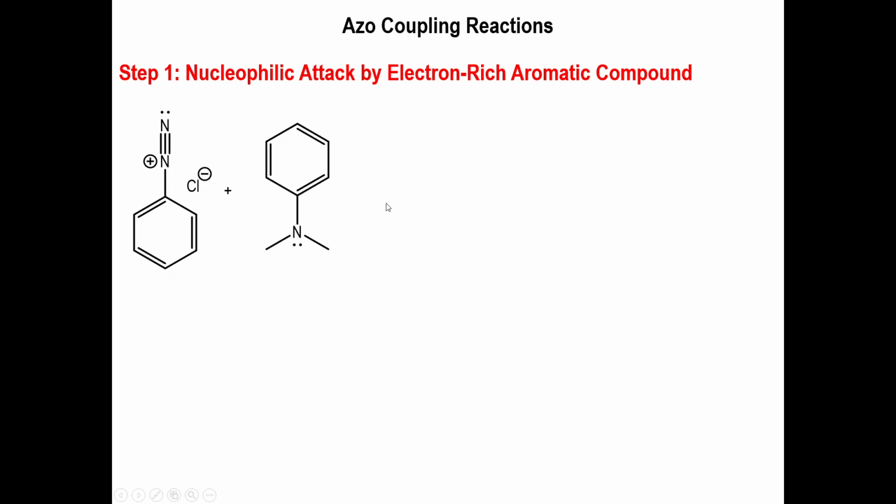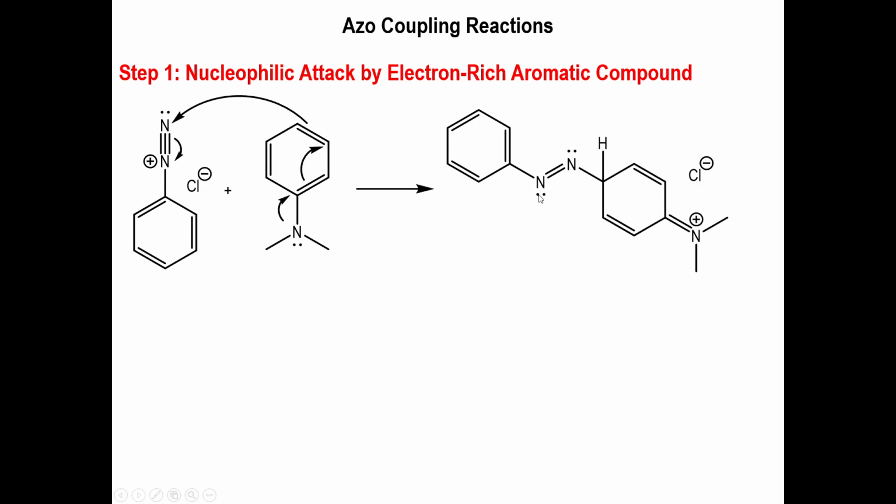Instead, due to the bulkiness of the two aromatic rings, the electron set from the lone pair of nitrogen moves over, kicking away these electrons until at the para position of the ring that has electron donation, or activation, it attacks, but it doesn't attack the carbon of the nitrosonium ion. It attacks the terminal nitrogen instead. And what that does is kick the electrons over to the internal nitrogen, and it forms a compound that looks like this.